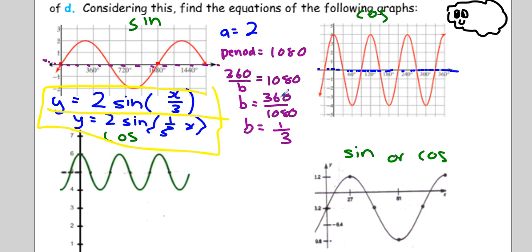So let's make a quick note on this one. Principal axis still at y equals 0. So D equals 0. So there's been no vertical shift.